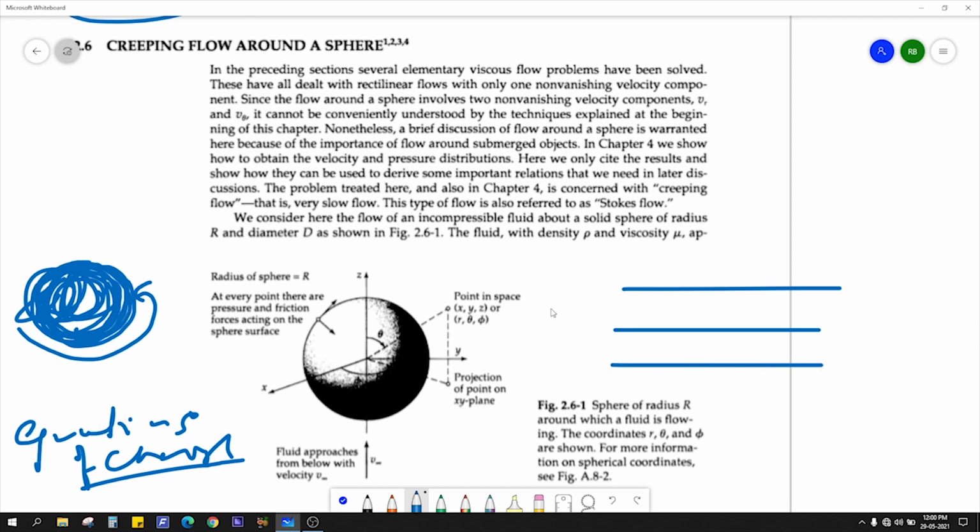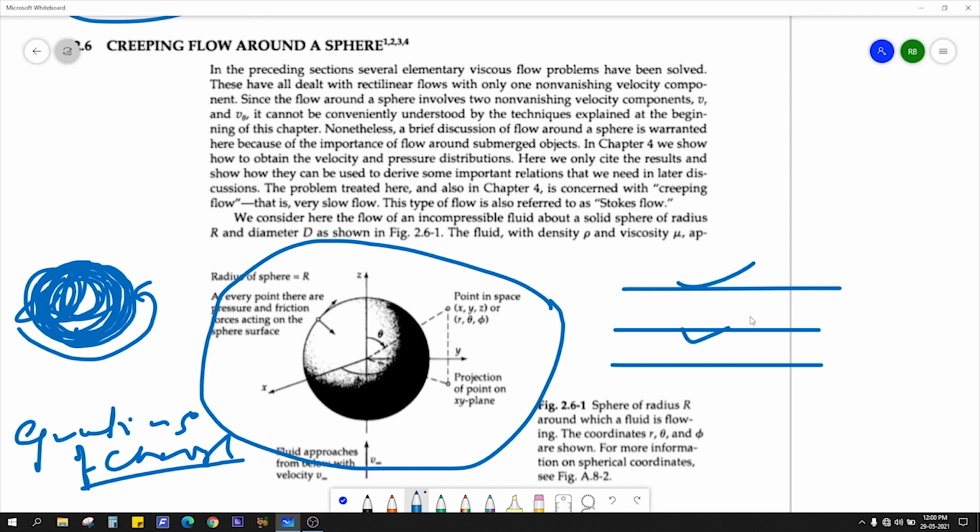We'll discuss this problem with the equation of change, which makes it very easy to derive the profiles. Similarly, we'll rework the falling film problem, flow through a circular tube, and flow through an annulus using the equation of change. It becomes very easy with the equation of change. That is part of the next chapter.